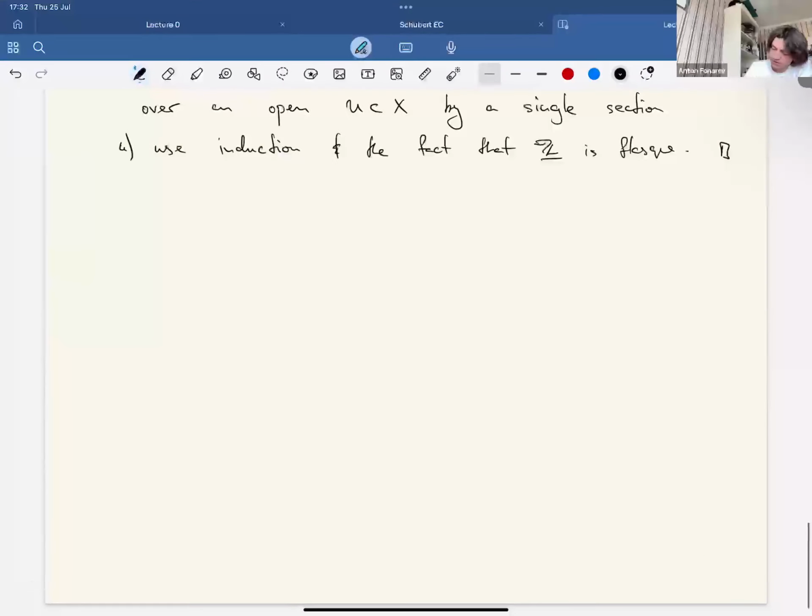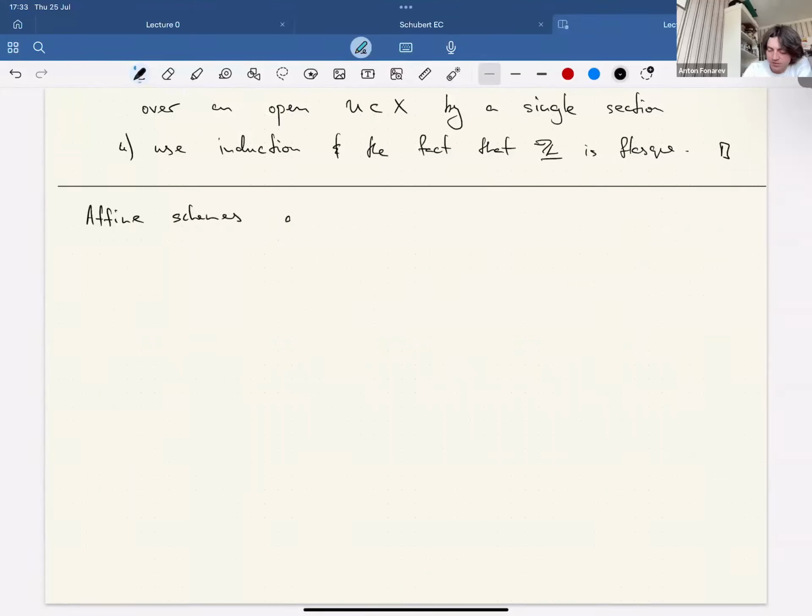All right, but we are, however, interested first in affine schemes and quasi-coherent sheaves. So just to set the notation, X will be Spec A, the spectrum of a ring.